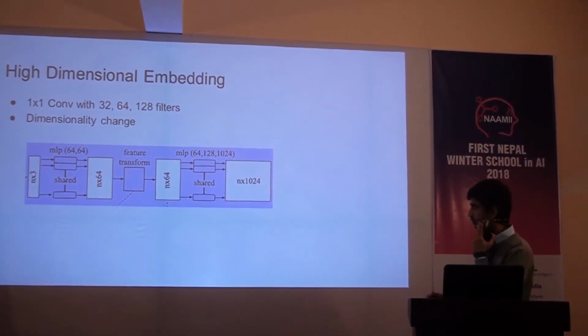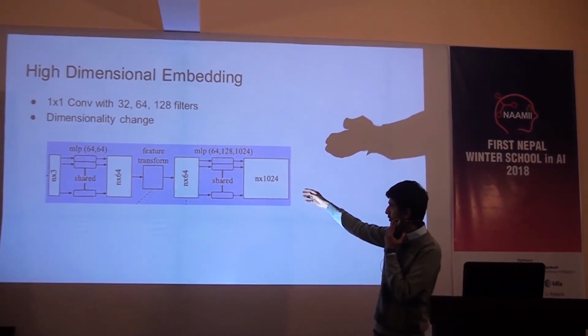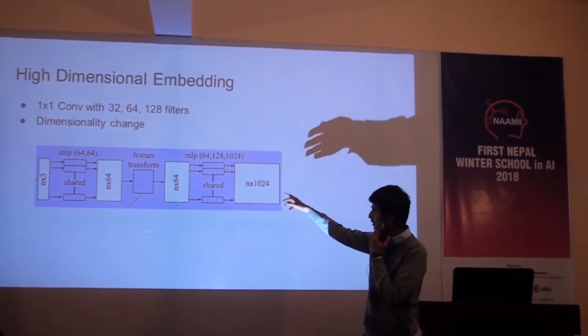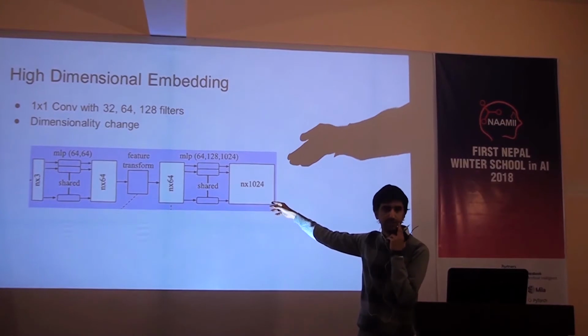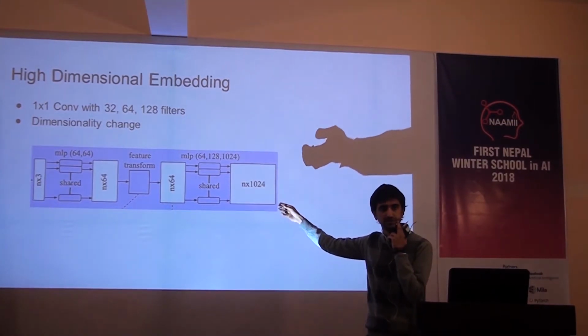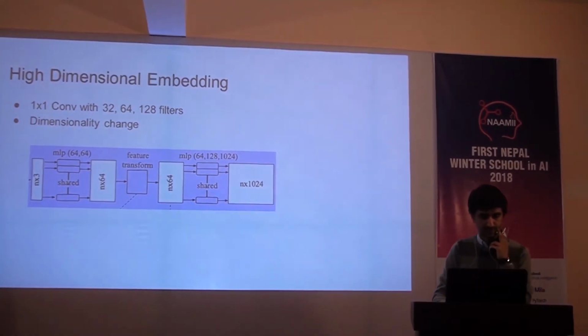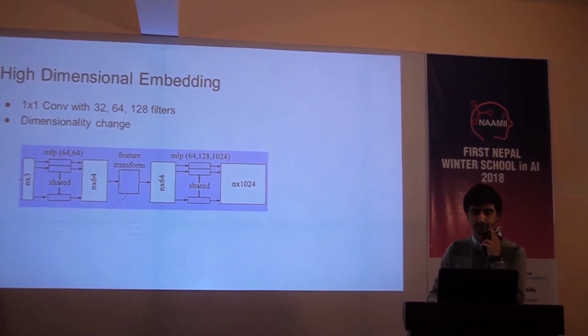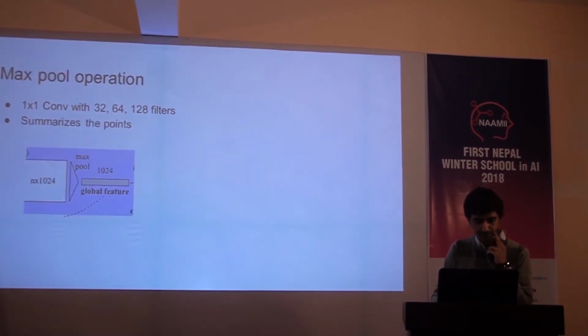So in the end, we go to a very high dimension, n by 1024. Each point is represented by a 1024 vector. So this is a change in dimensionality. Then we do max pool.